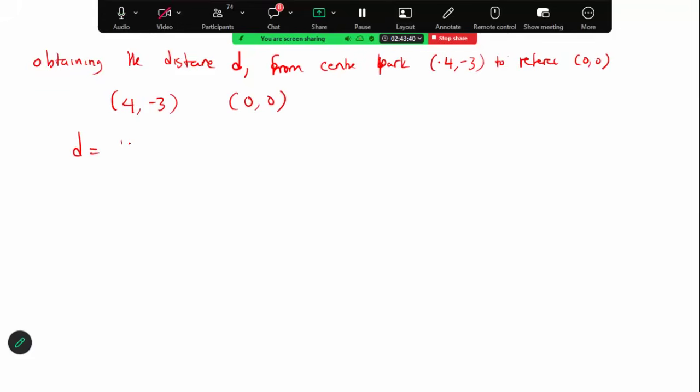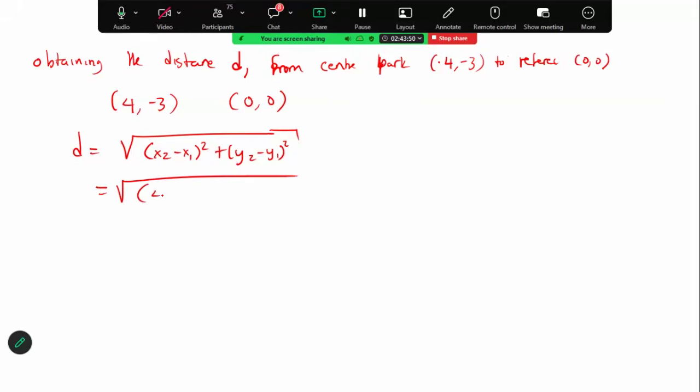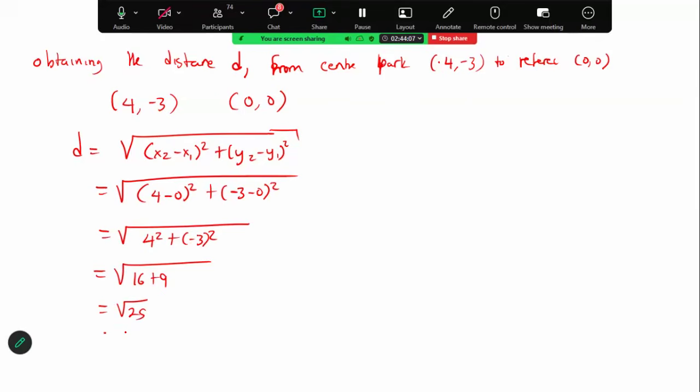So we shall say now our distance will equal the square root of x2 minus x1 squared, then plus y2 minus y1 squared. So here you substitute, this is 4 minus 0 squared, then plus -3 minus 0 squared. So here you're going to end up with 4 squared plus -3 squared, which will give us 16 plus 9, which gives us 25, which is going to give us 5 kilometers.